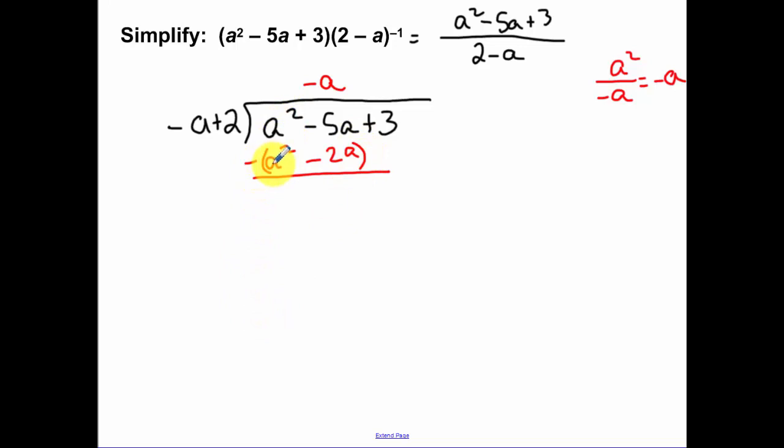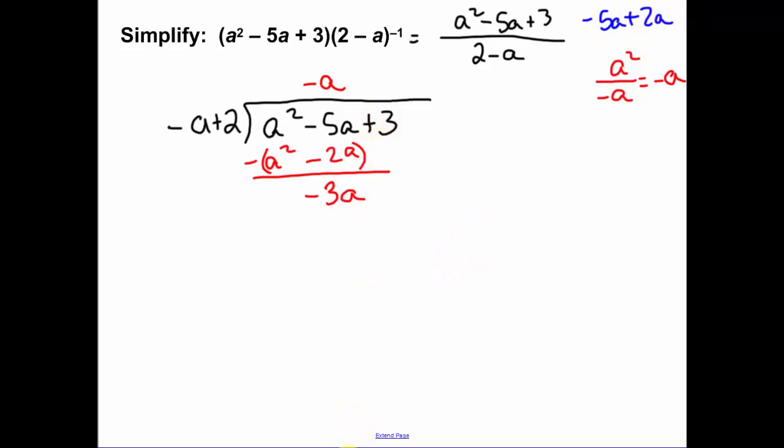So a squared minus a squared goes to 0. Negative 5a minus a negative 2a is a negative 3a. You might want to do, over on the side, a negative 5a minus a negative 2a.